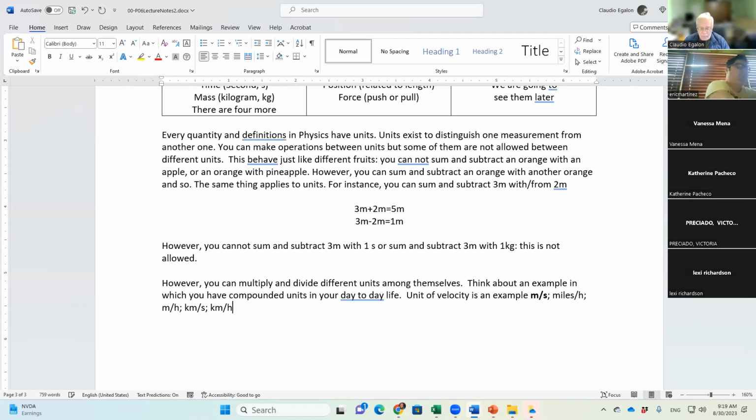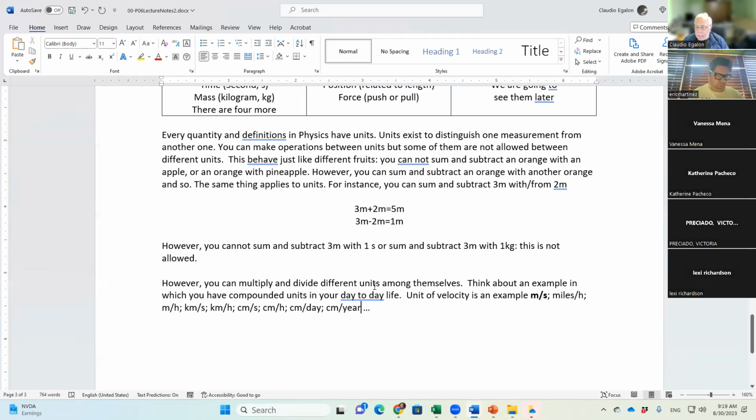There are all sorts of units for velocity. You can even come up with centimeters per second. It's not going to be the main unit. Centimeters per hour, centimeters per day, centimeters per year, and so on.